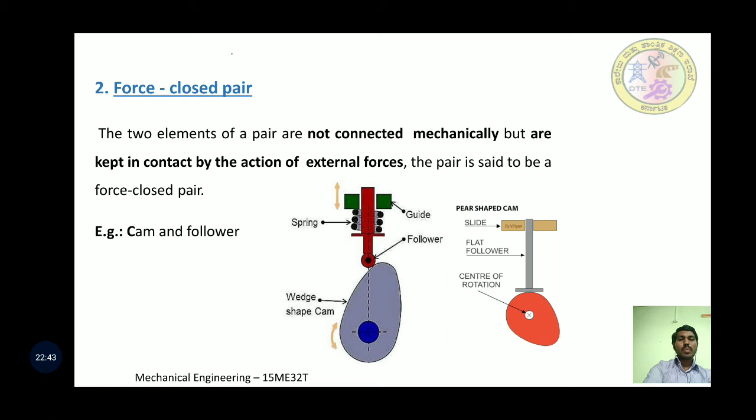Due to the spring action, this follower moves down. So it's not in contact mechanically but by the action of an external force. Here the external force is the spring action.